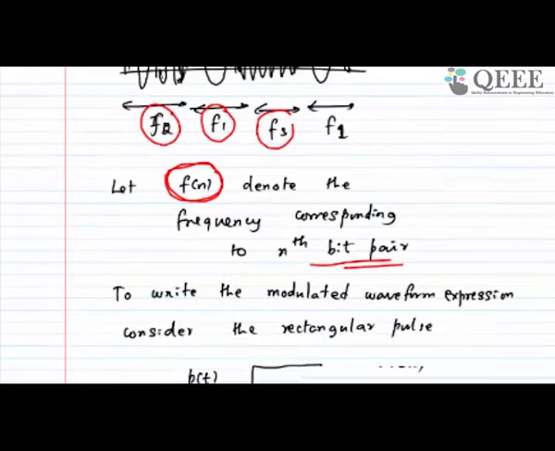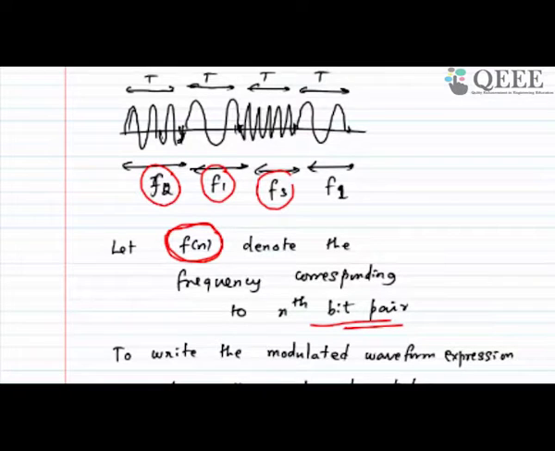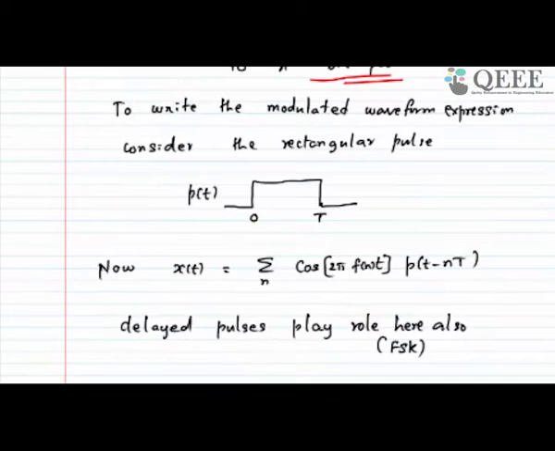Now again, what happens is you are not sending the cosine waveform from minus infinity to infinity, but you are sending it only for a duration of t seconds, right? So there is inherently a multiplication with some windowing function. You are actually multiplying this cosine waveform with a window which exists only for t seconds duration. You can think of this as a pulse. Let's say you consider this rectangular pulse which exists only for t seconds duration with height 1.